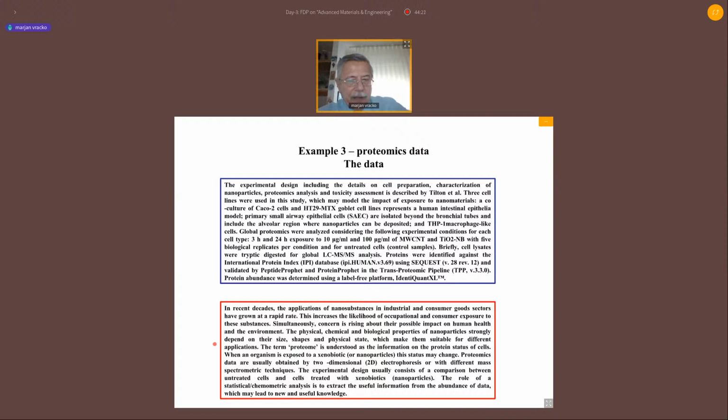And it's of course not clear if they may have some adverse effects on human health or on the environment. What we know about nanoparticles is that their physical, chemical, and biological properties strongly depend on their shape, size, and physical state.